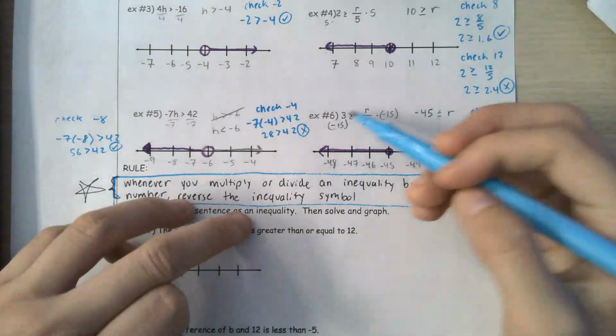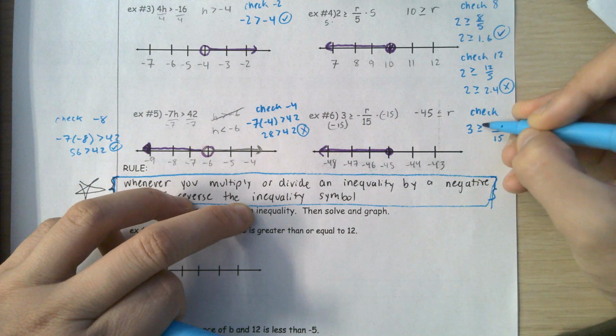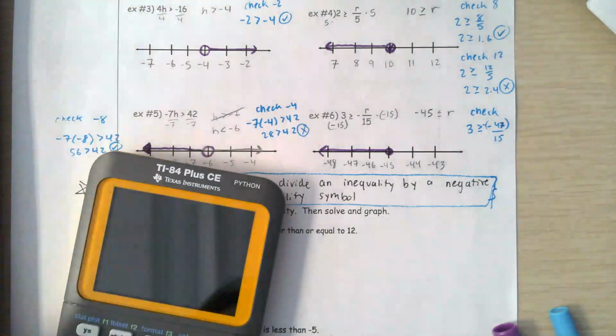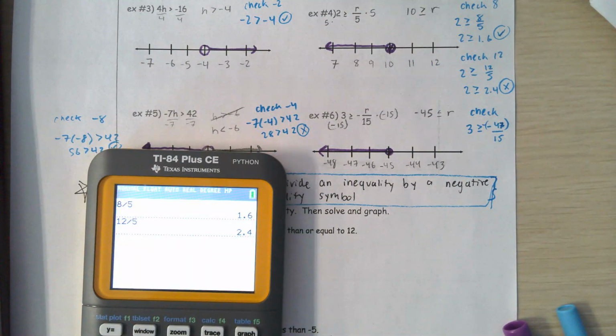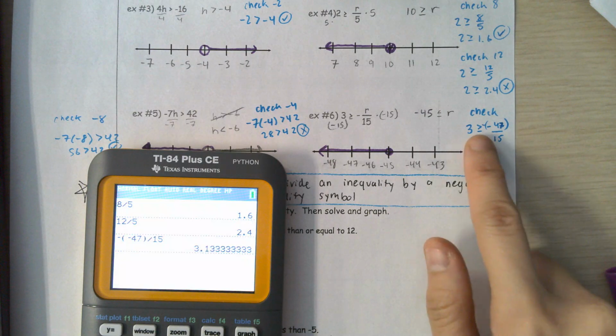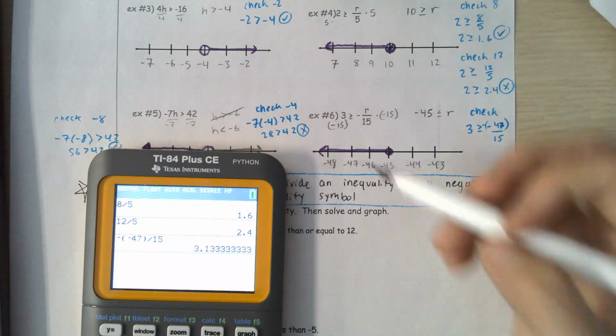But it's negative, so -47. So we have -47 over 15, which is 3.1333. Okay, so, right, that's wrong because 3 is greater, so I did this wrong.